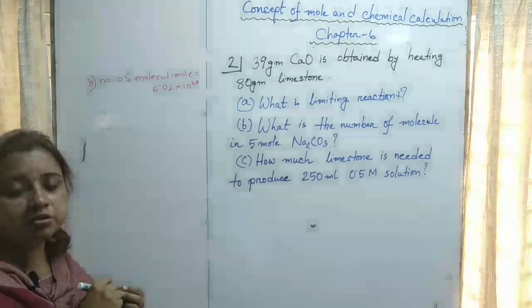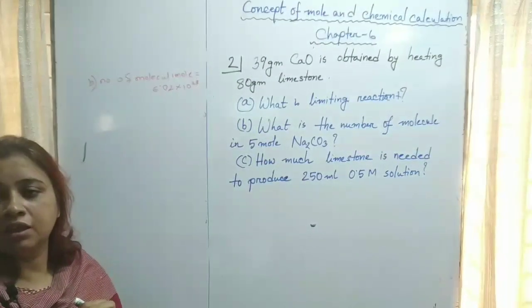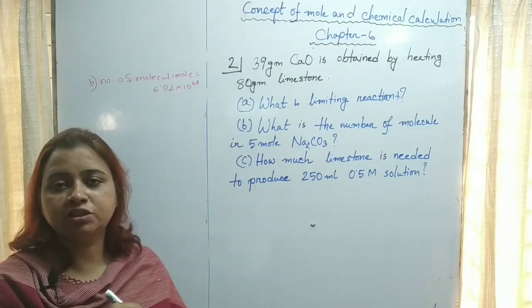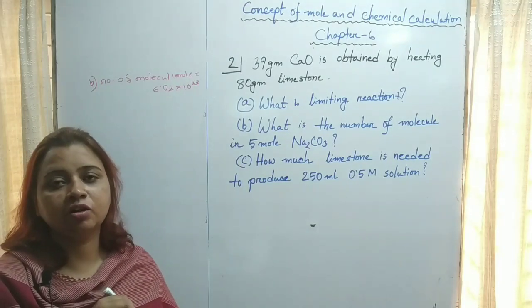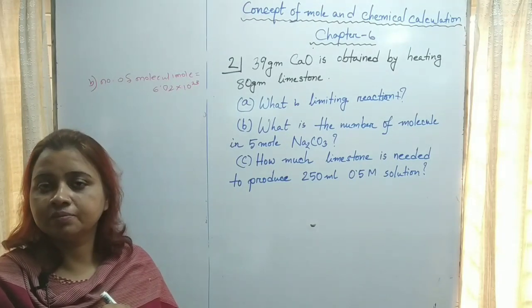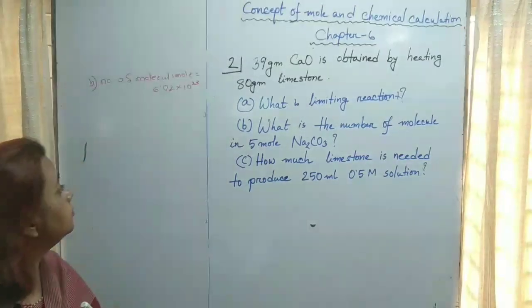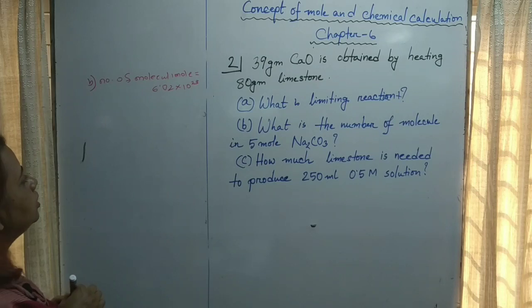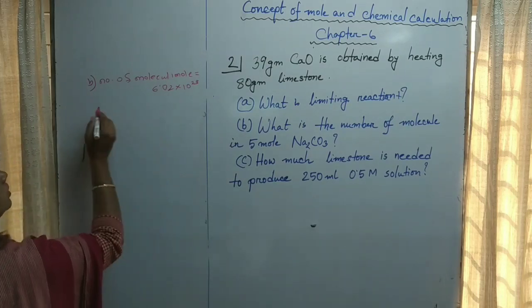According to Avogadro's law, we know that in 1 mole of any substance there are 6.02 into 10 to the power 23 atoms, molecules or ions. So the number of molecules in 1 mole sodium carbonate is equal to this.